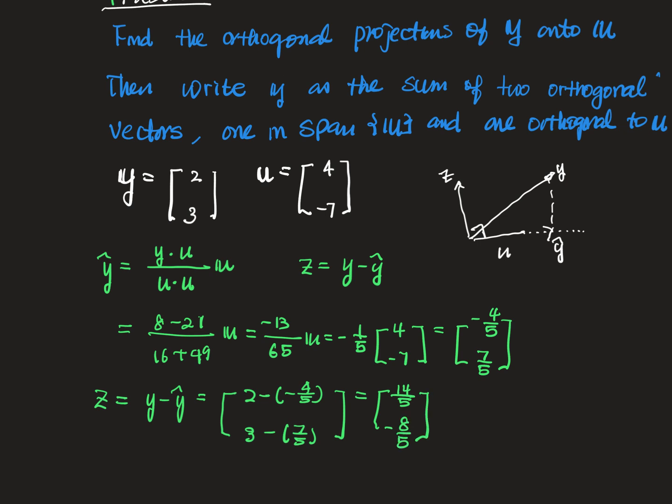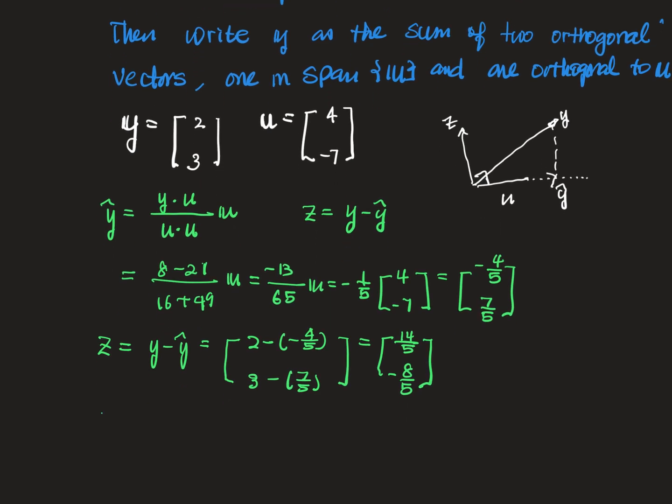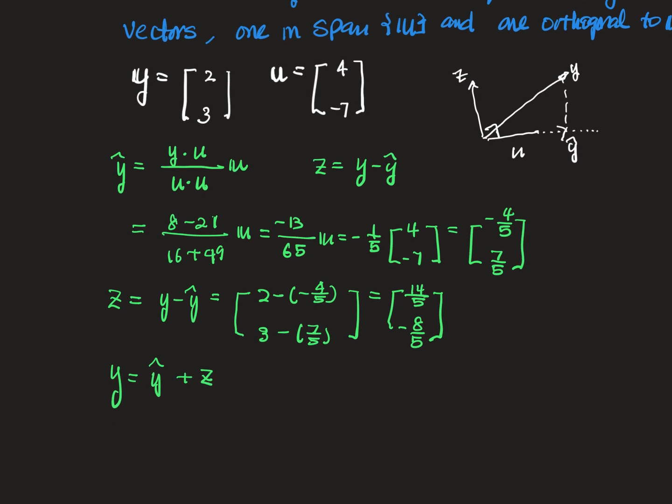So you find the two vectors whose sum is the y vector. The y vector is the projection vector y hat plus the z vector. So you can see the y hat vector is negative 4 over 5, 7 over 5 plus the z vector, 14 over 5, negative 8 over 5.